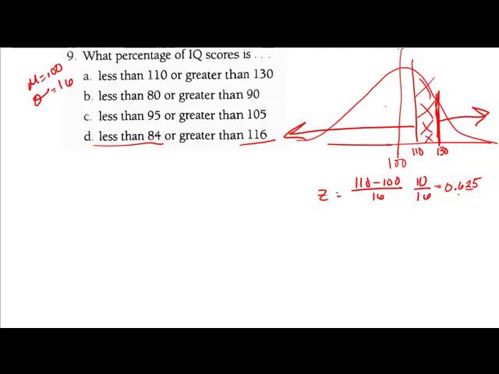I'm going to round that to 0.63. Looking up 0.6 over to 3, this area here is equal to 73.57. So that's how much I have here.